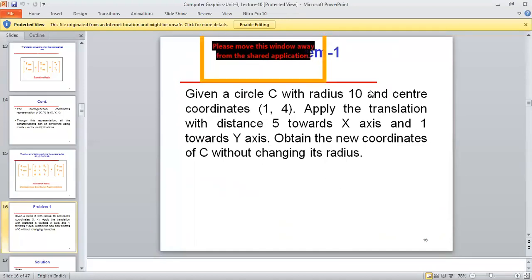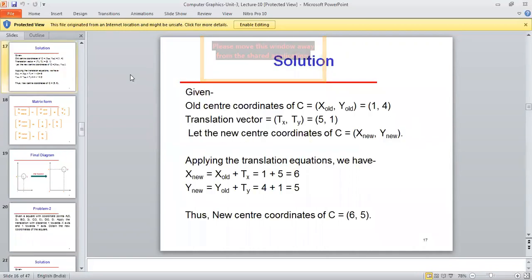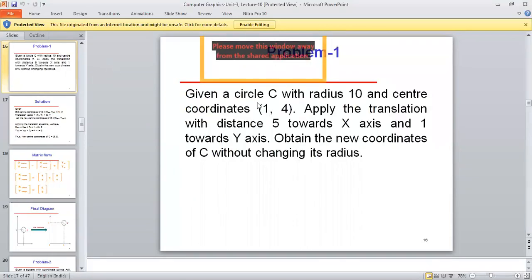Consider the center coordinates as x comma y. These are the original or initial coordinates, so you can use these coordinates. Now just see the example. See old center coordinates x old, y old. This is already given. You can see here 1 comma 4.